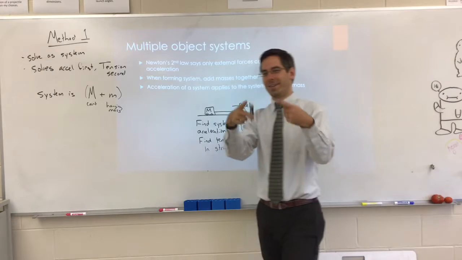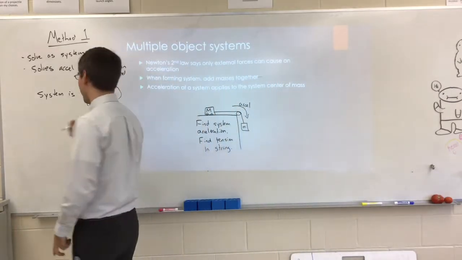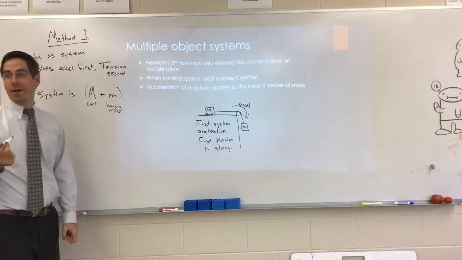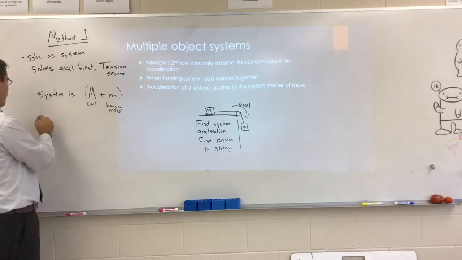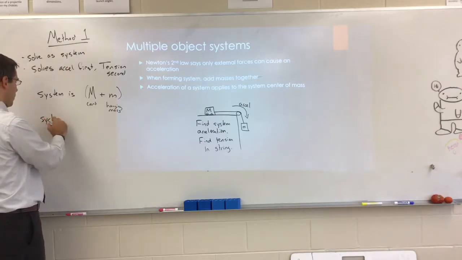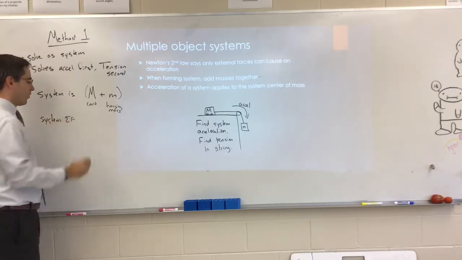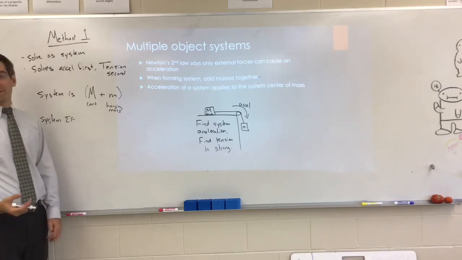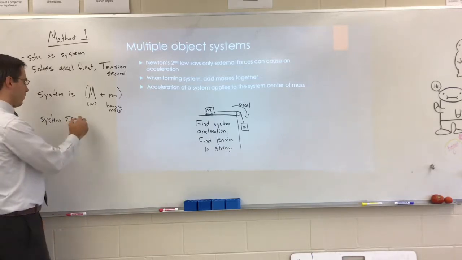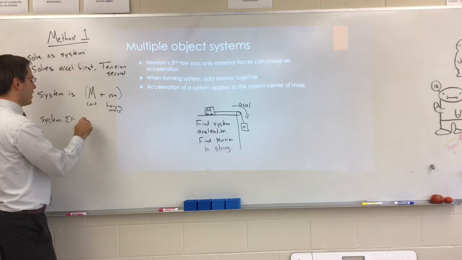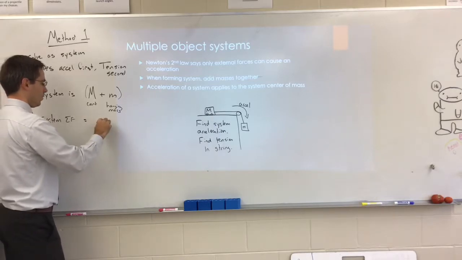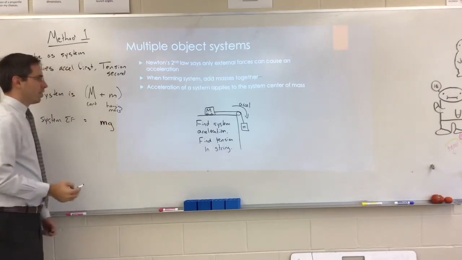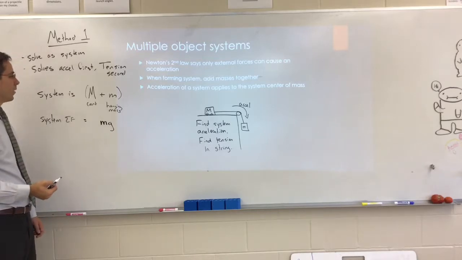Okay, so multiply that by g, which is 10. So your system net force is going to be the weight of the hanging mass, which in this case equals little m g.